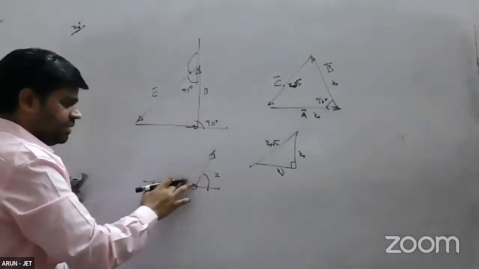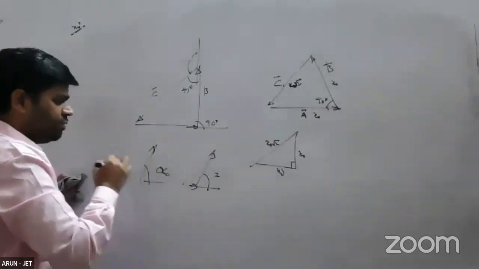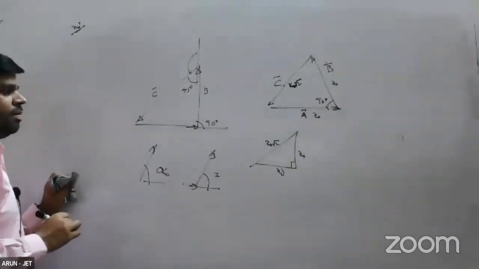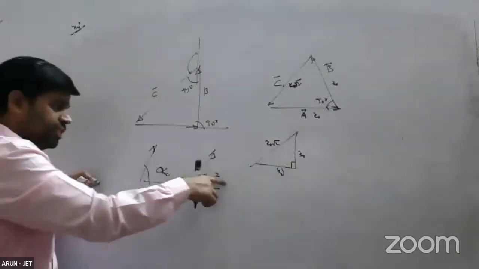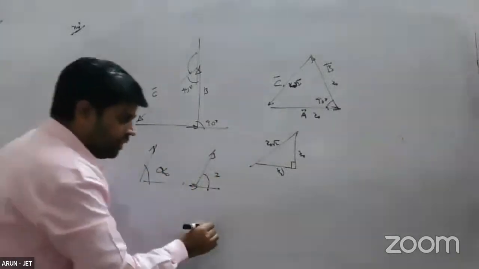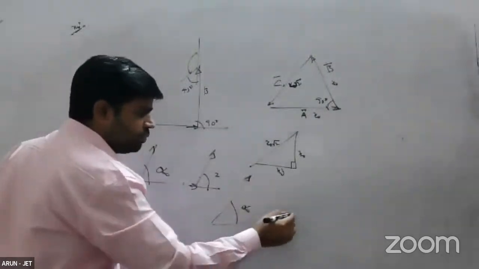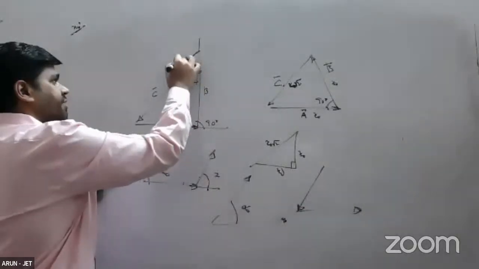No, 2. See, I have to make them co-initial first. Then this angle is my angle between two vectors. So 2 is the angle between two vectors. If they are co-initial vectors, then this is the angle between two vectors. But if two vectors are not co-initial, like they are like this, then I have to take this, 135.